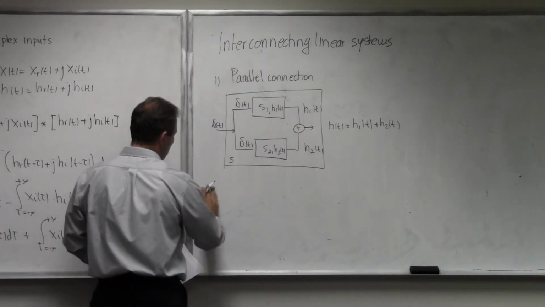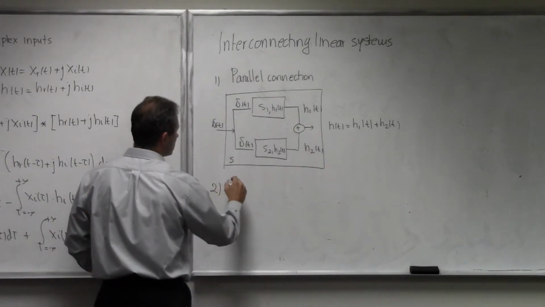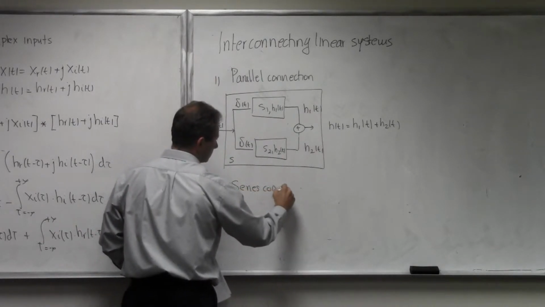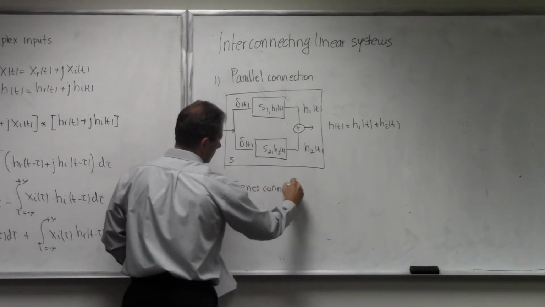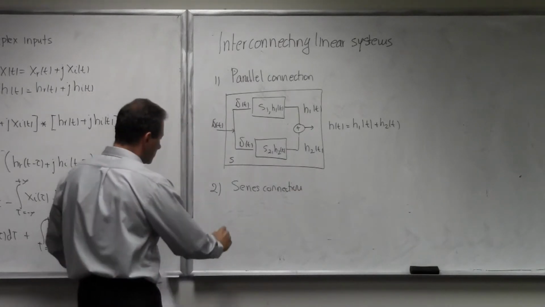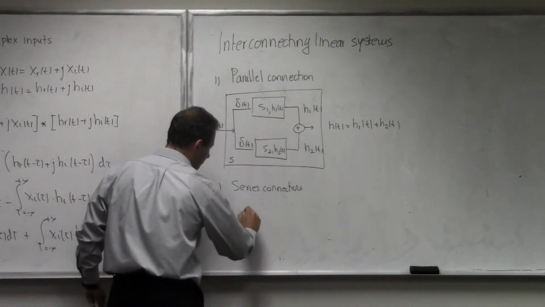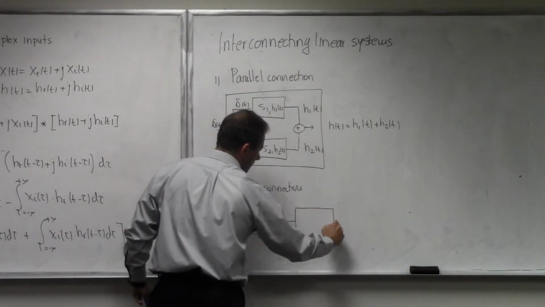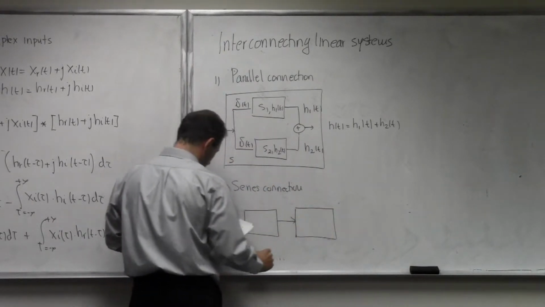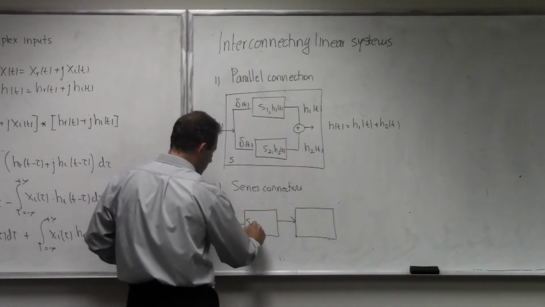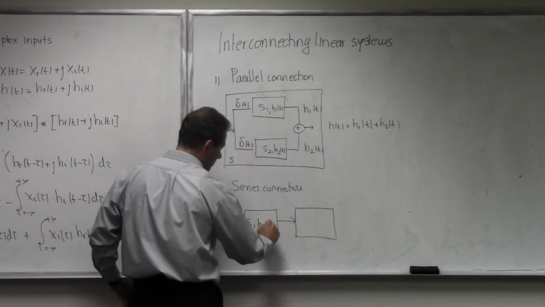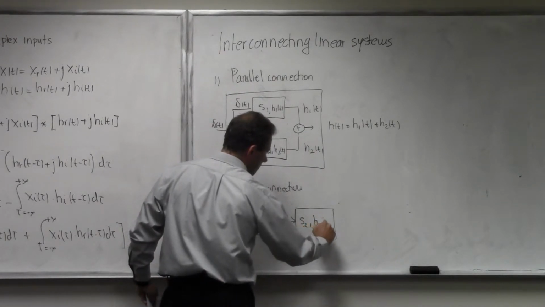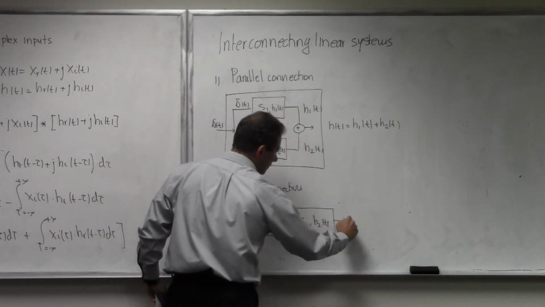The second common type of connection is your series connection. Right? In this case, you have two systems that are connected this way. This is S1 with an impulse response h1 of t. This is S2 with an impulse response h2 of t.